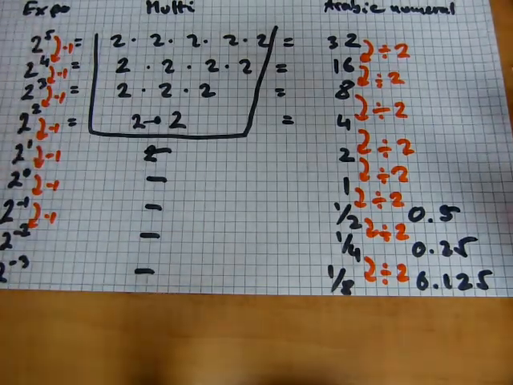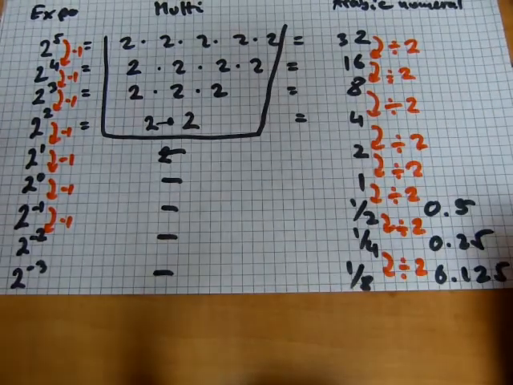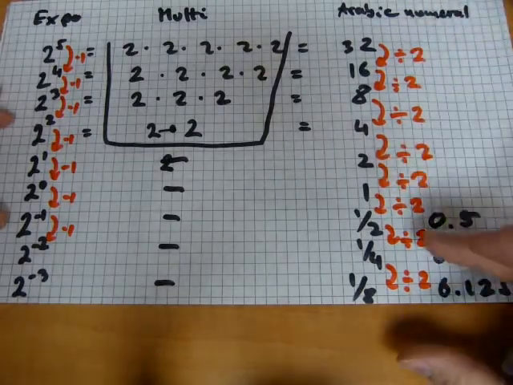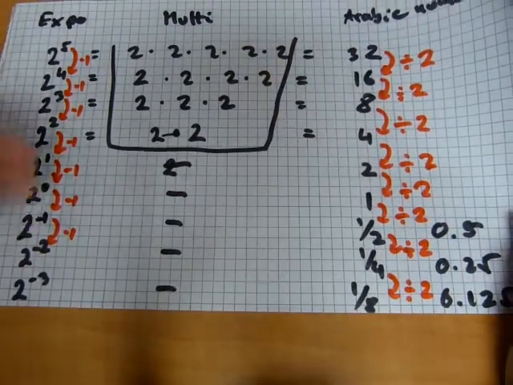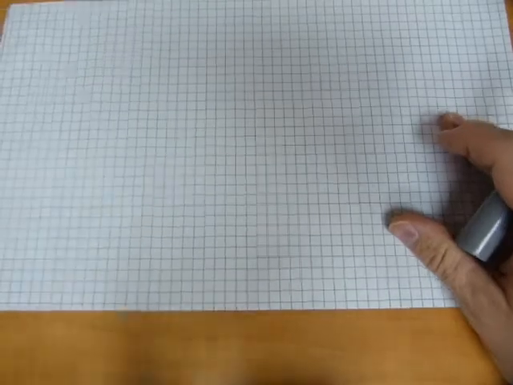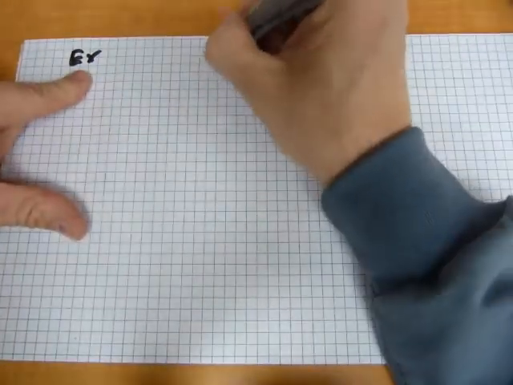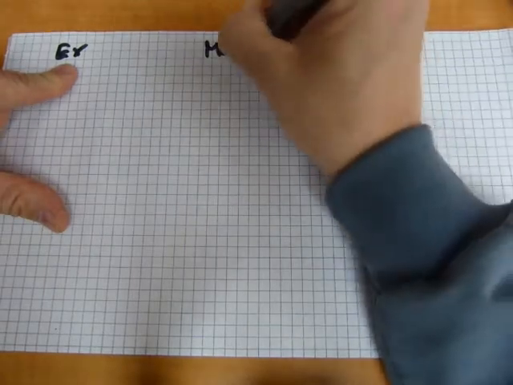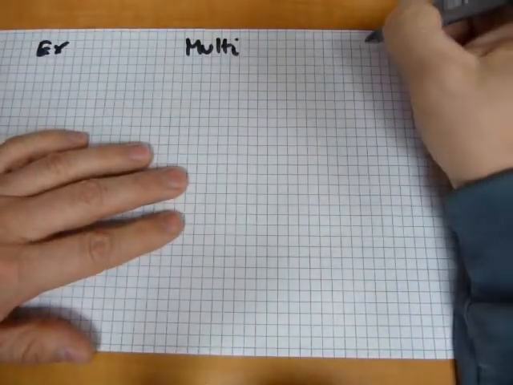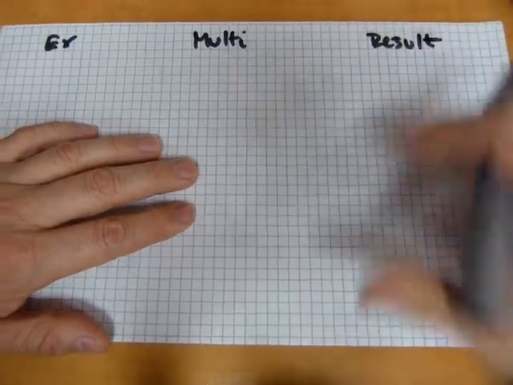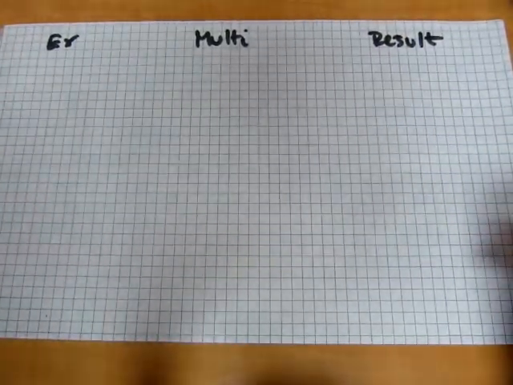Okay, so I wanted to show you this with 2 being the base, because most people can relate to computing and measurement. And the same continues with 10 being the base. I'm going to repeat the same 3 columns here: the expanded form, the exponential form, and the multiplicative expanded form, and I'm going to calculate a result and write it in normal Arabic numbers.